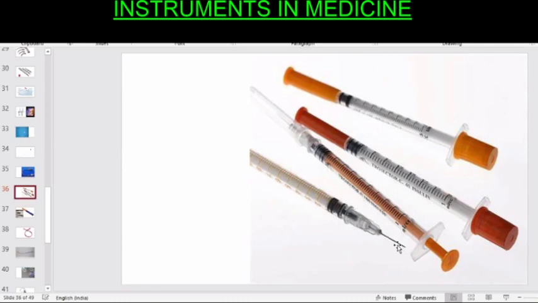It has a very fine needle. It is generally single use. You should use it for only one injection, but most patients use it for 1 or 2 days. If you use it multiple times, the tip will get blunt and it will be a painful injection.